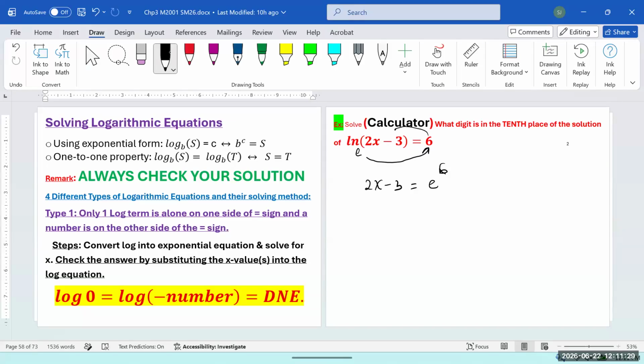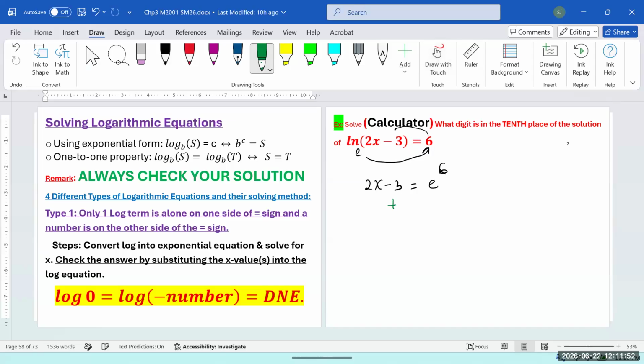So the base gets the right side of the equal sign as a power, and that equals the argument. It's like a cycle. When you convert log to exponential, you follow a cycle starting from the base. And now we know how to solve for x, right? What is our first step to solve for x?